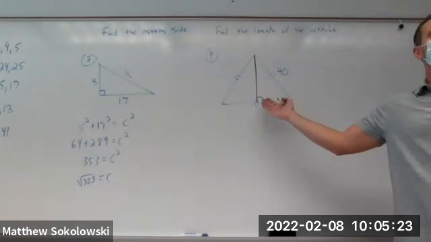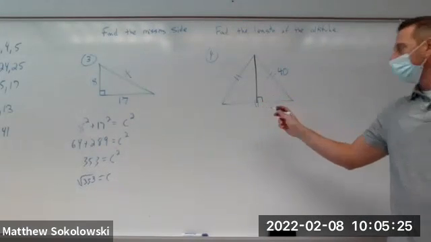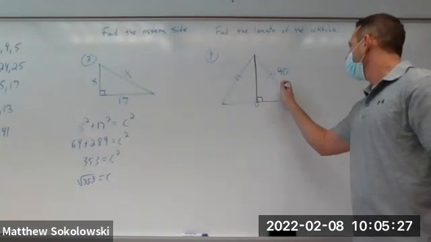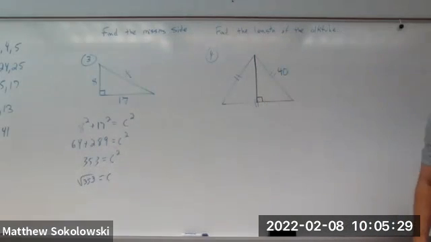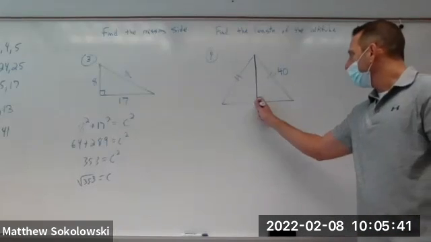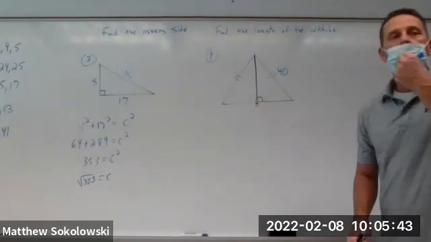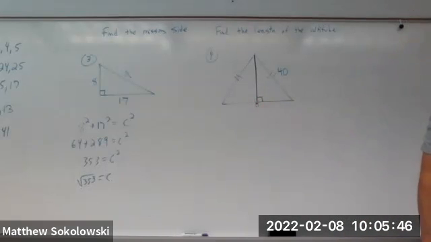What did we draw? All right, a right triangle. We don't have the other 90s. Now, if you remember the triangle unit, an altitude of an equilateral triangle is also a median. So what is a median? That means it bisects it.